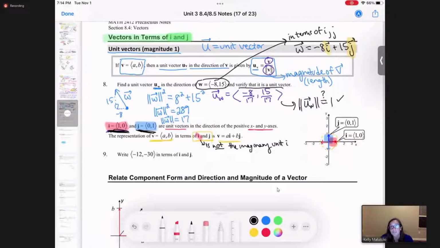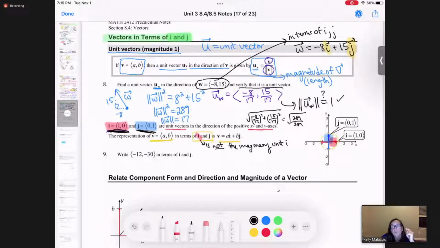If it doesn't, we did something wrong. To get this magnitude, you take the square root of (-8/17) squared plus (15/17) squared. You get 64 plus 225, which adds up to 289, so the square root of 289 over 289, and that's how you get 1.